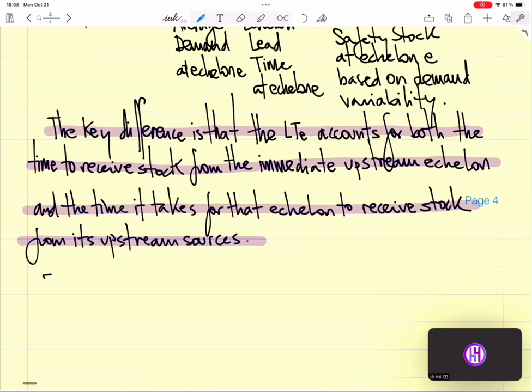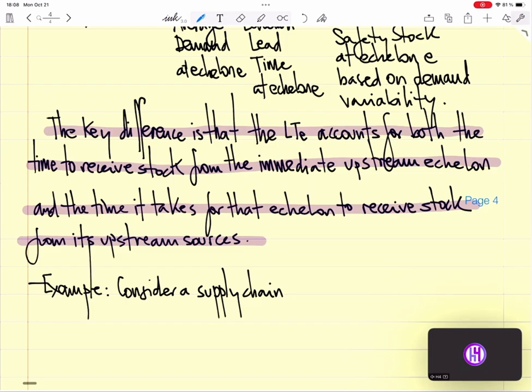Example. Consider a supply chain with 2 echelons, 1 and 2.